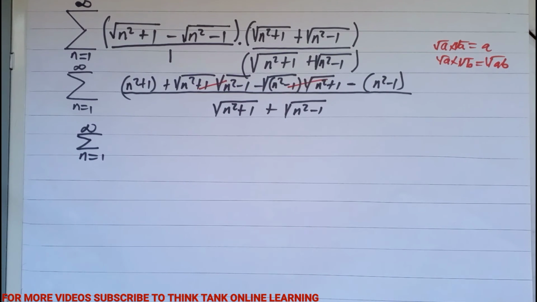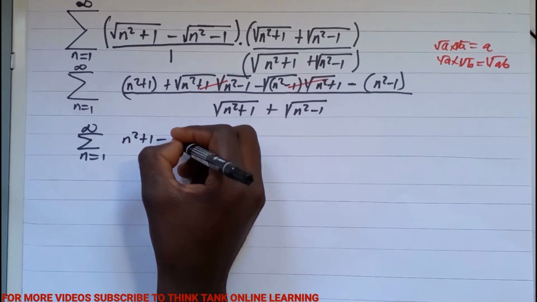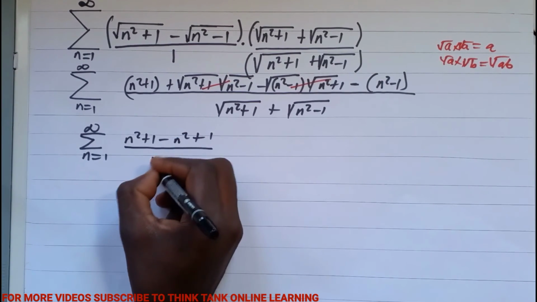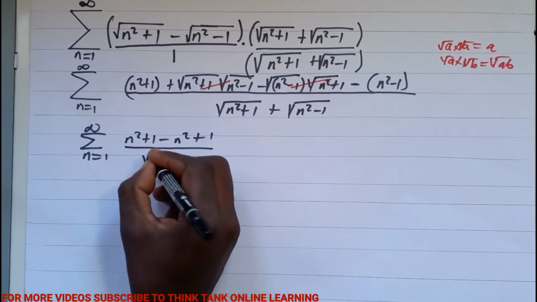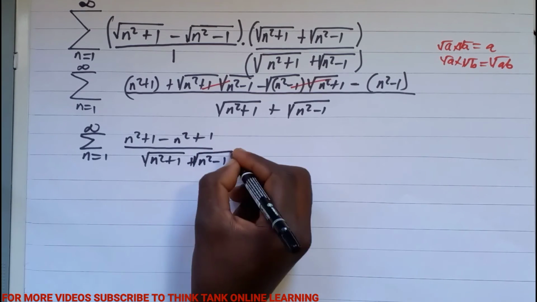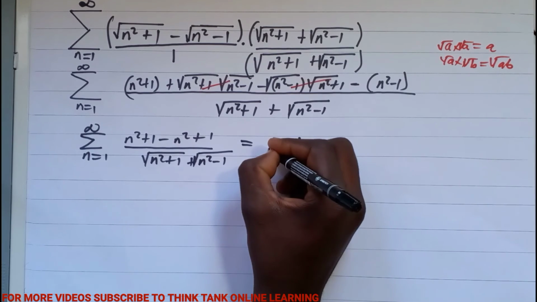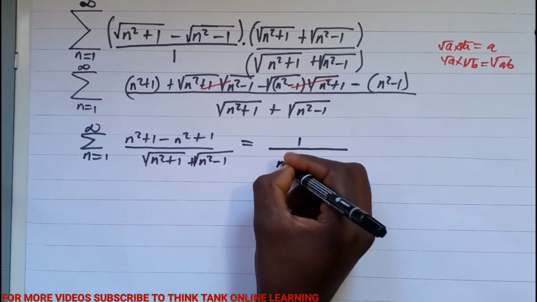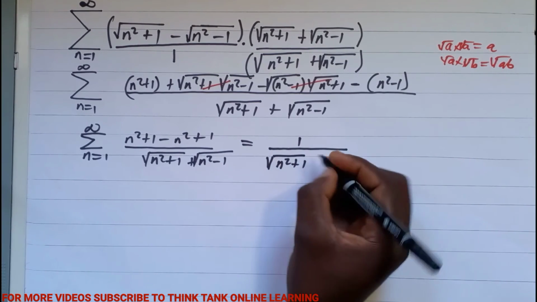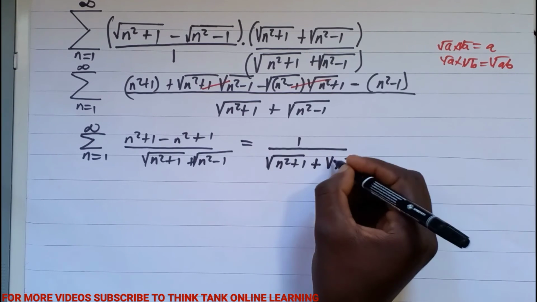So I'm left with n squared plus 1 minus n squared plus 1... over square root of n squared plus 1 plus square root of n squared minus 1, and this is equal to 1 divided by square root of n squared plus 1 plus square root of n squared minus 1.